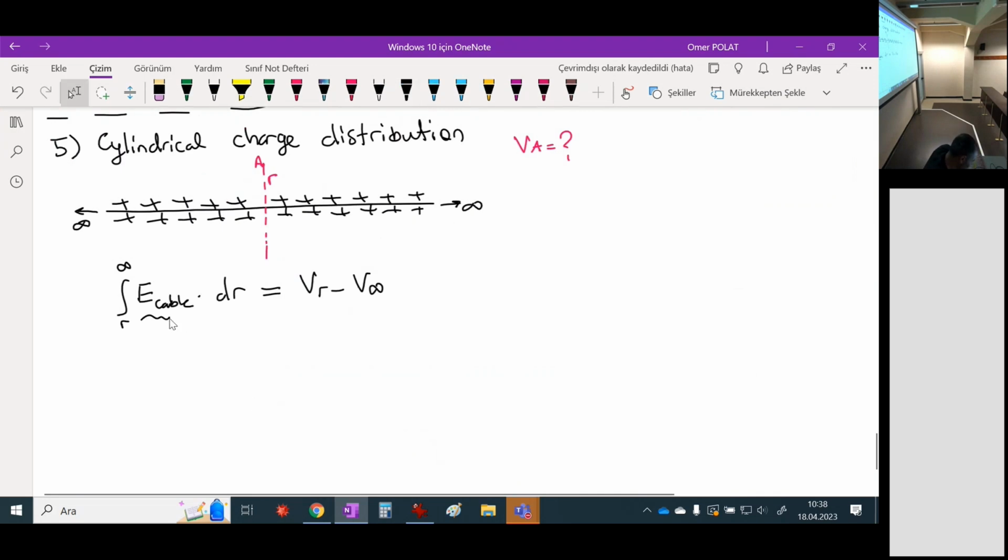This is 2K lambda over R. Because it is an infinitely long cable, I cannot write Q, I'm writing its density, lambda. I get this from week 5.